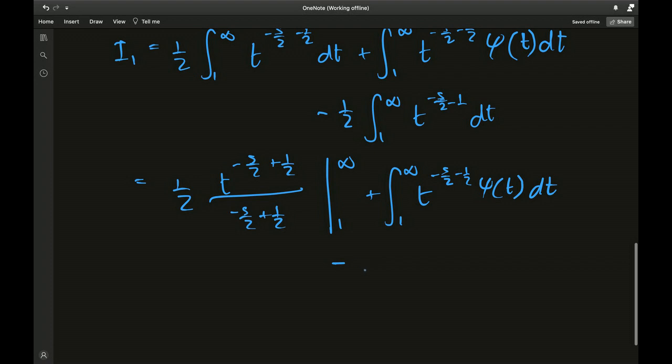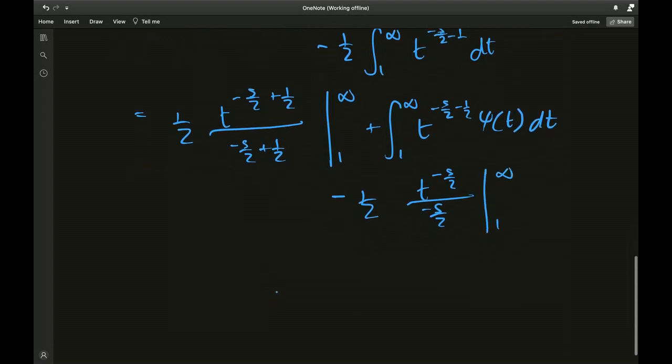So minus half t to the negative s over 2 divided by negative s over 2 evaluated from 1 to infinity.